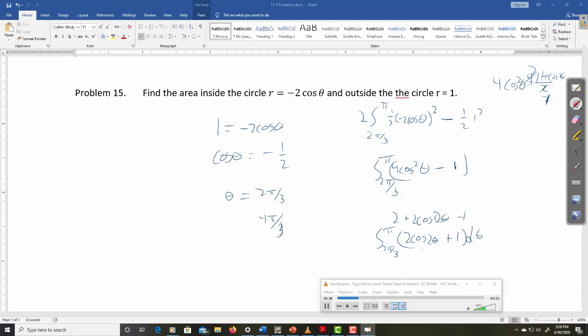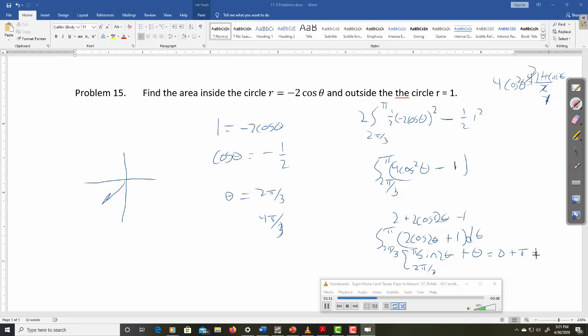Integrate this, you're just going to get sine of 2 theta. Integrate that, you'll get theta, evaluated from 2 pi over 3 to pi. Plug in pi, you will get sine of 2 pi, which is 0, plus pi, minus, let's see, sine of 4 pi over 3, oh boy. That's pi over 3 in this quadrant, so it's going to be a negative number.